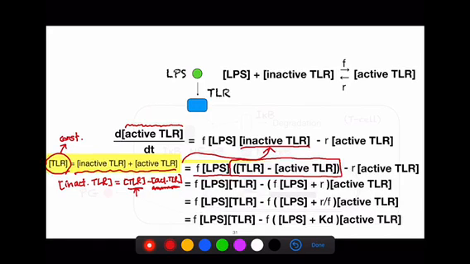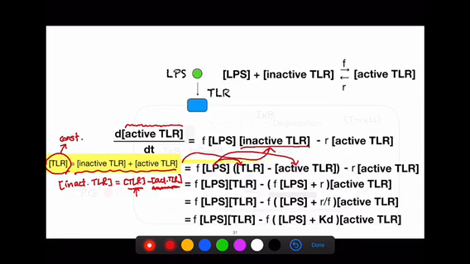But then we can put the active TLR together. So this is just basic algebra. What we do is, using the distribution, F multiplied by LPS will be distributed into two terms.